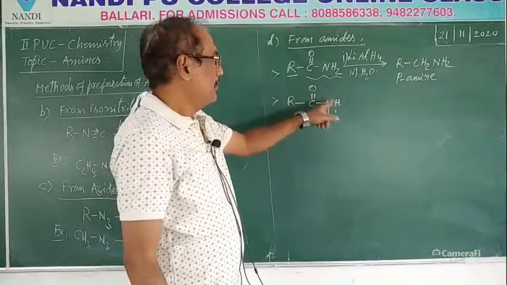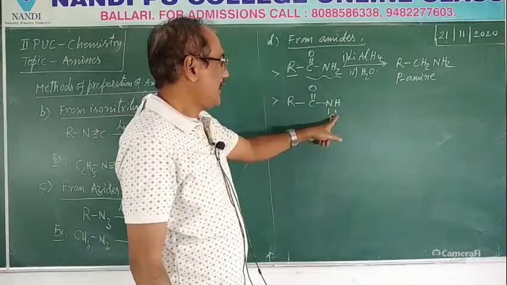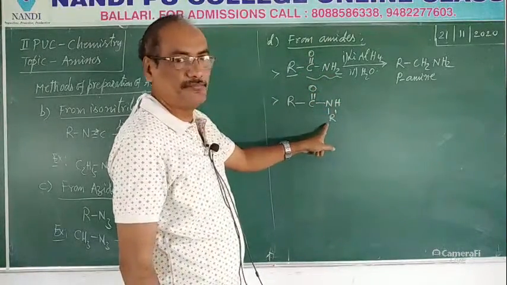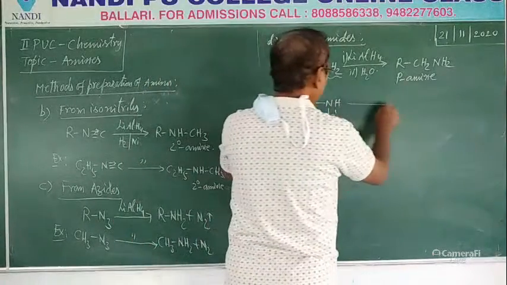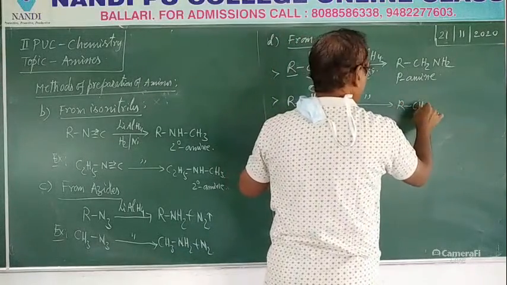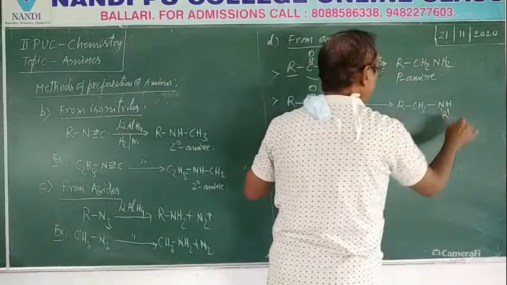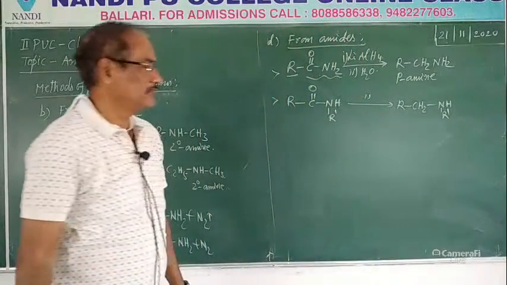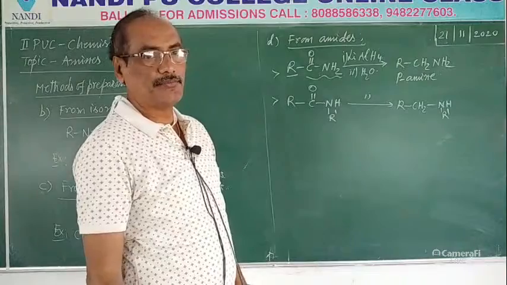This is an amide, CONH2 amide. This is an alkyl substituted amide. Then it is the same thing, there is no change here. Only you get RCH2 NHR dash. There is no problem about this substitution.